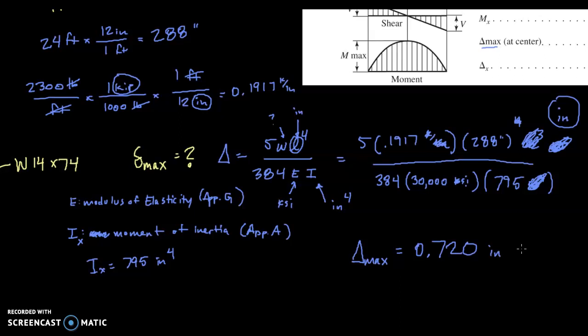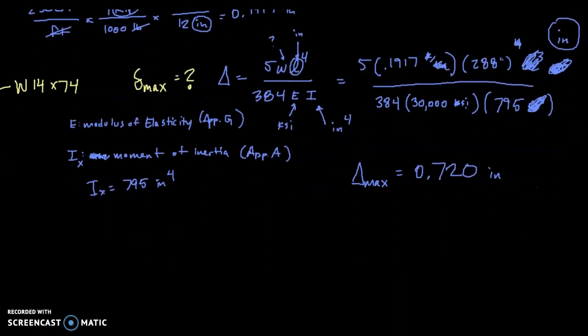0.72 inches, so about 3/4 of an inch. So is that too much or not? The original problem statement told us that we did not want the deflection to exceed L over 360. L over 360 would be 288 inches divided by 360 inches.